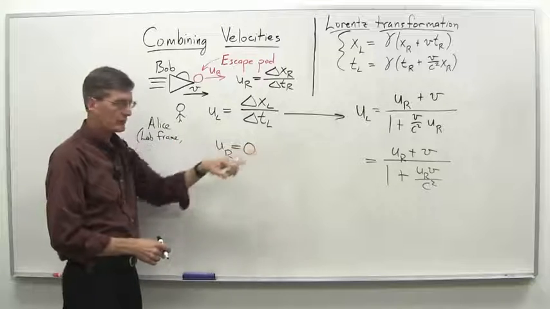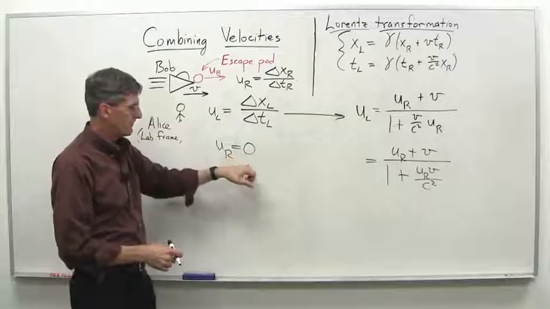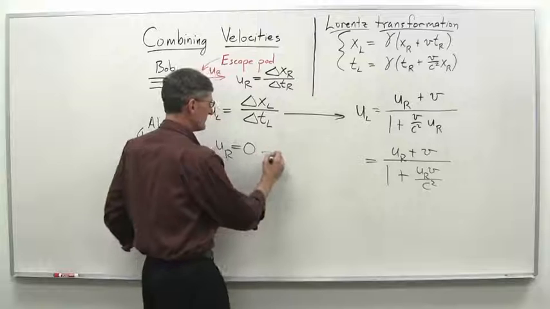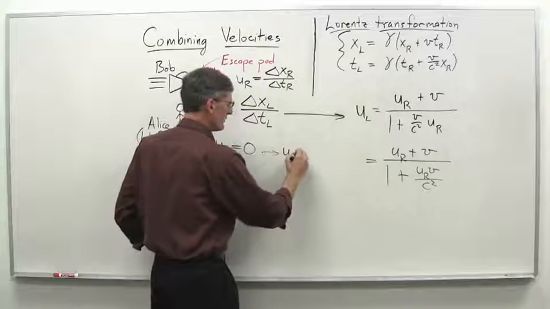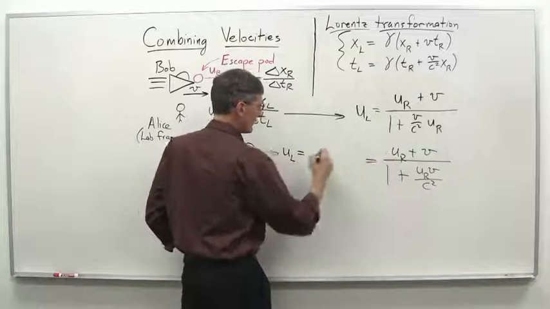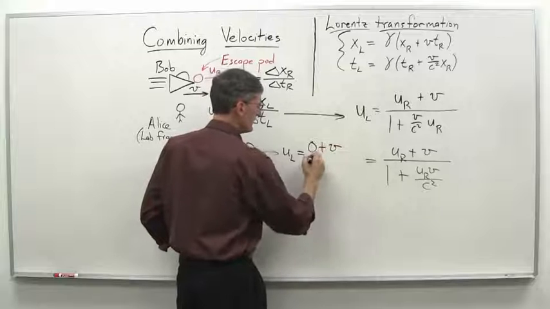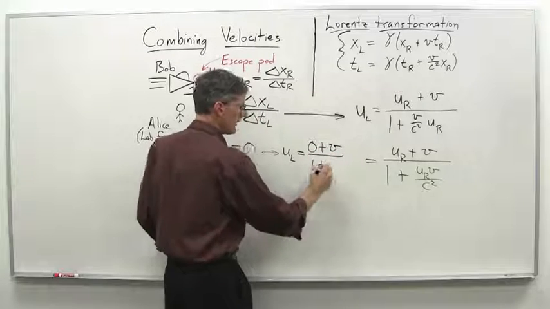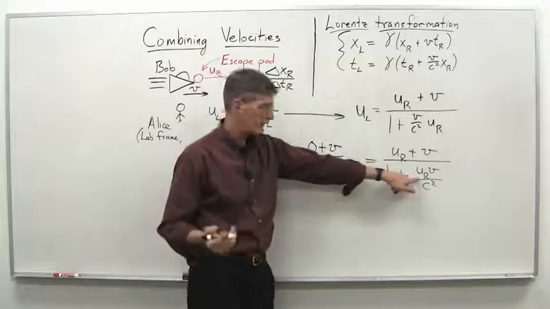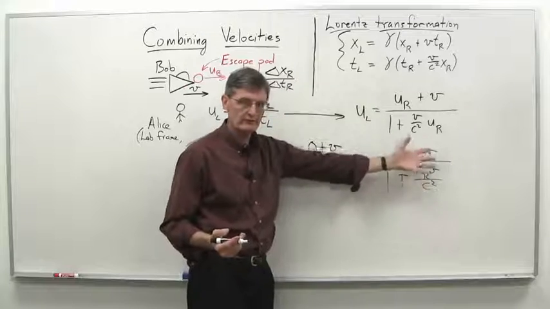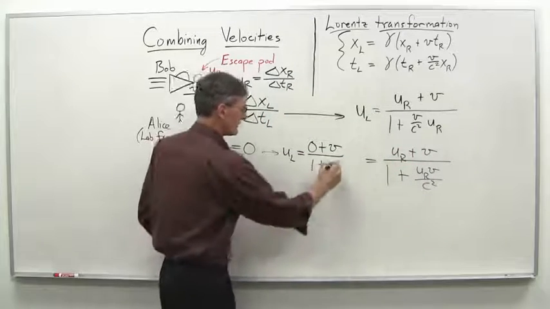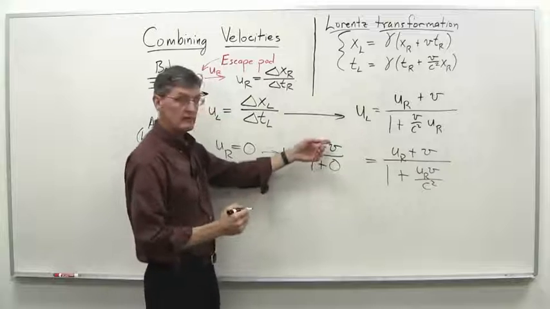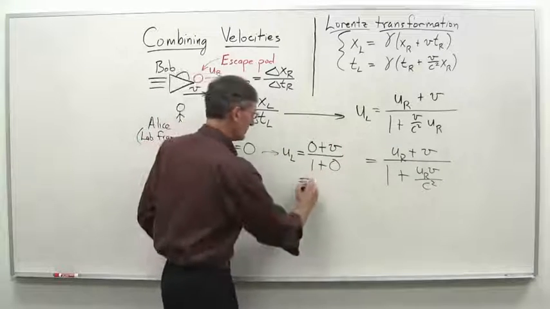So let's see if our equation works. u sub r equals 0. So let's plug that in here. That leads to u sub l equals 0 plus v over 1 plus, well, if u sub r is 0, this whole thing over here becomes 0. 0 times anything is 0, of course. So it's just 1 plus 0. I get v divided by 1. That's just v.